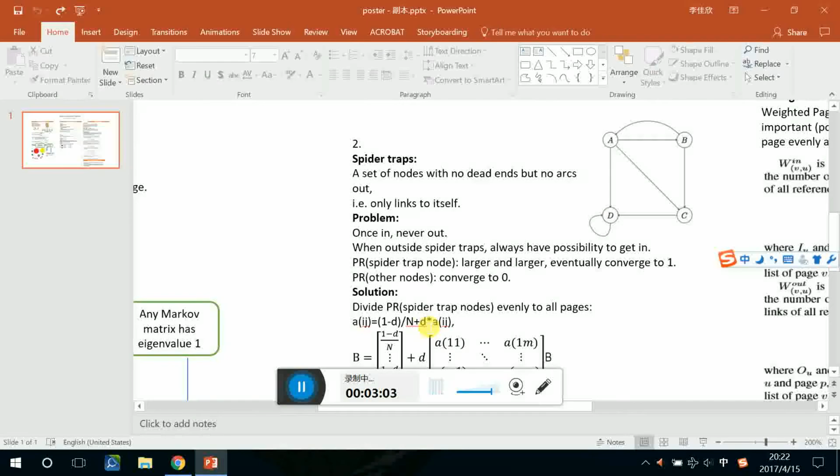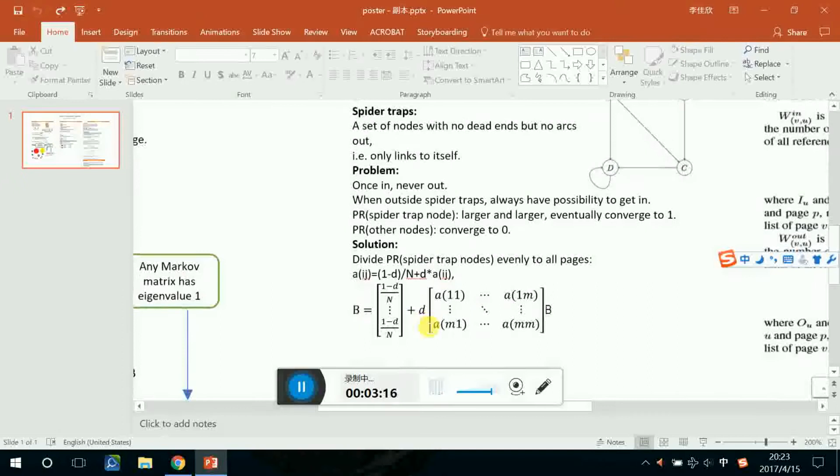D is estimated from the frequency that an average surfer uses his or her browser's bookmark feature. Thus, Aij is modified to this, and now B is in this form.